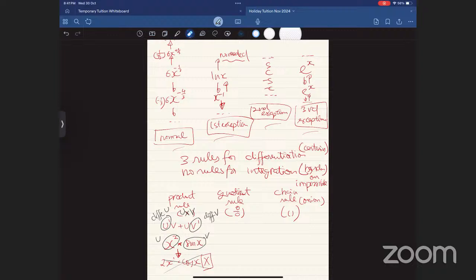Very simple. At the start, please do it one by one. The differentiation of u, write it down. The differentiation of v, write it down. It's actually very easy. Nicholas, what is the differentiation of u, which is x squared? The differentiation of x squared is?